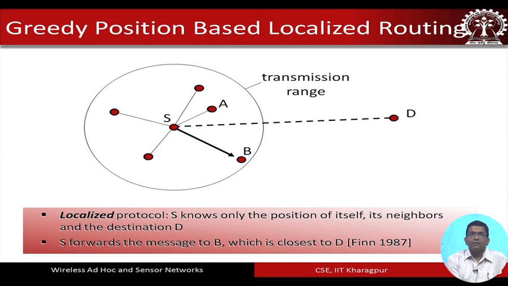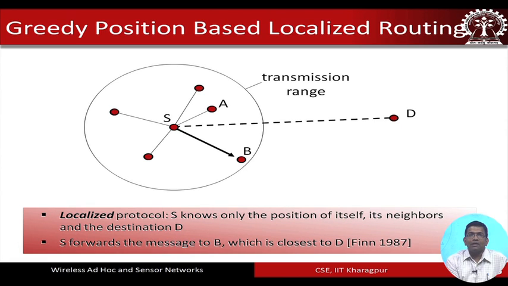So, we are going to talk about localized protocols, where the source node knows only the position of itself, its neighbors and the destination node D. Because it knows the position of itself, A, B and D, the source node can decide which one to use, A or B, to forward the message to.